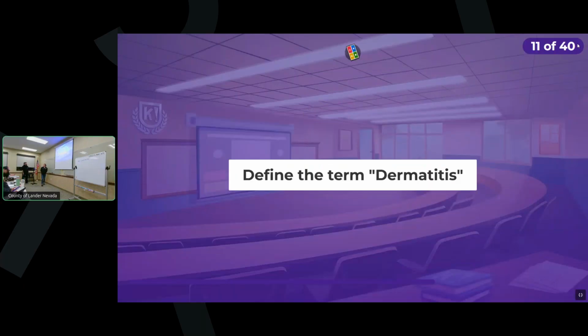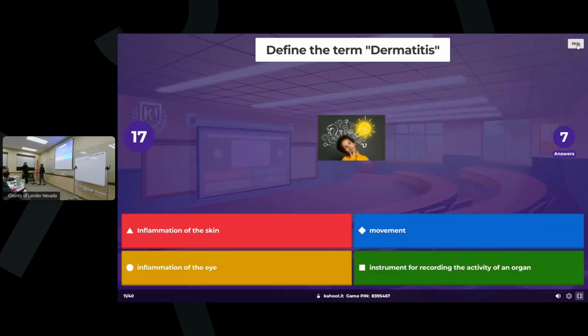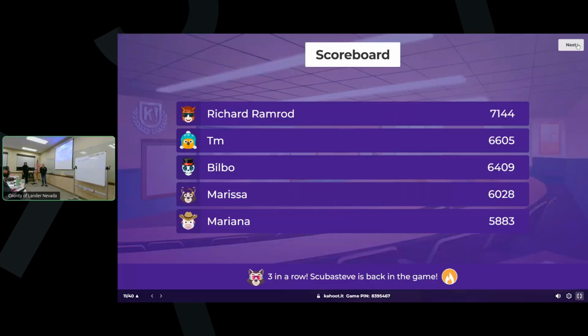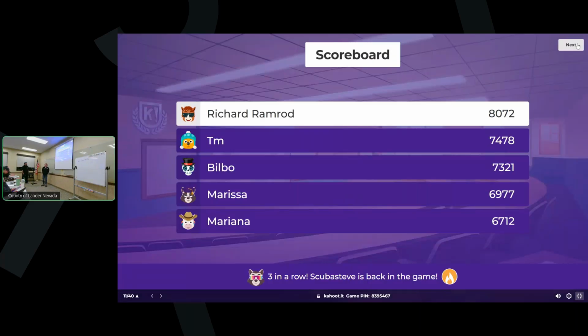Define the term dermatitis. So derma, your skin, itis, meaning. Nice. I need to make this harder next time. No, you're fine. It's already hard.